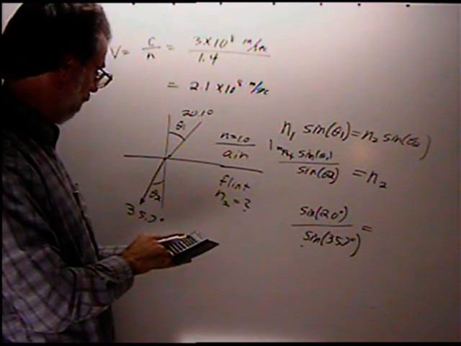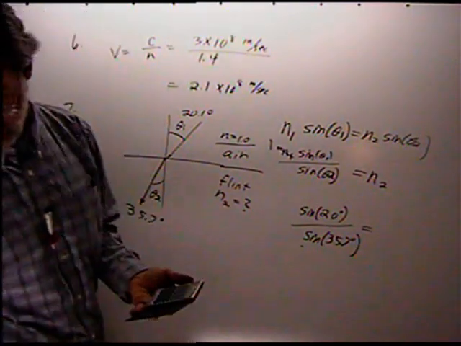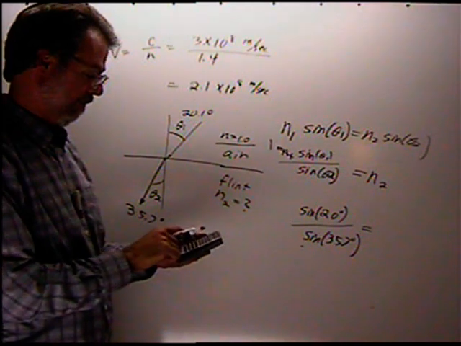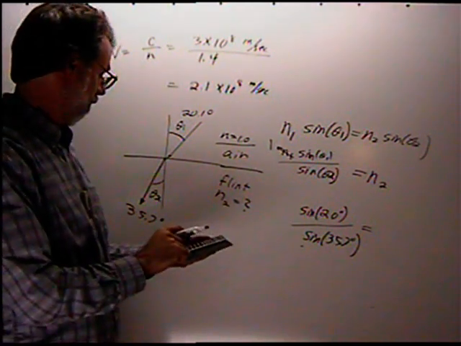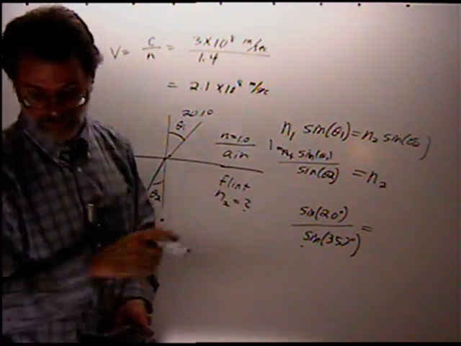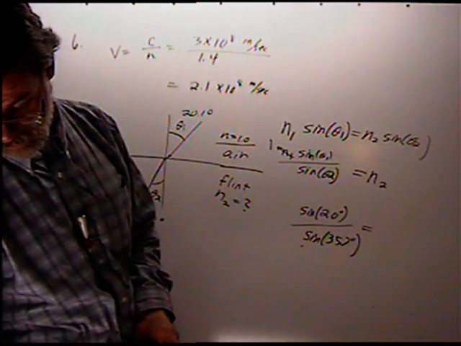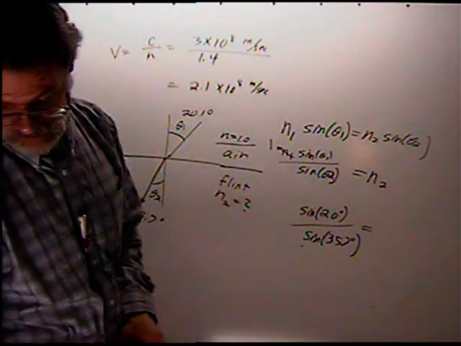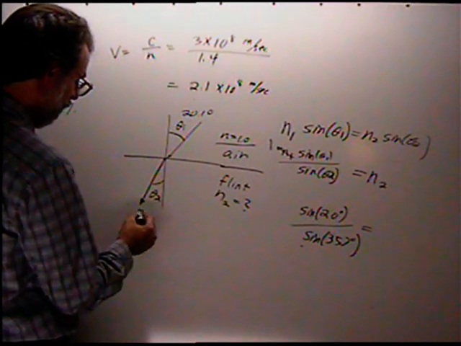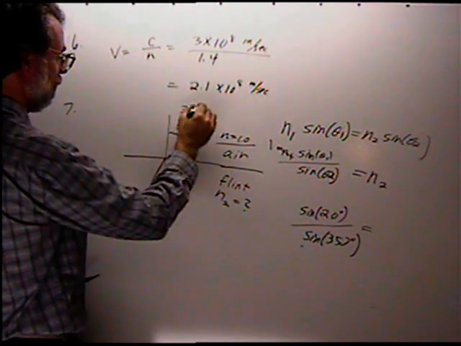Did I do that right? You know what? I have the angles backwards. If it encounters, this is the 20 degrees, I apologize. It approaches the air at the angle of 20 degrees, and it bends out at 35.7.